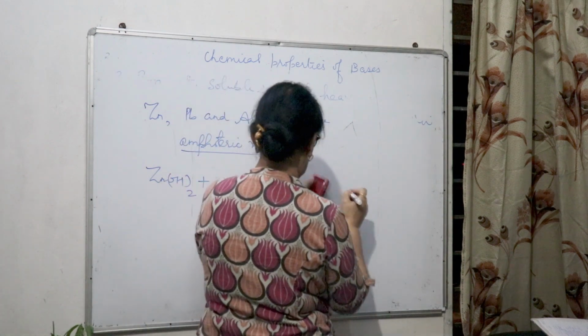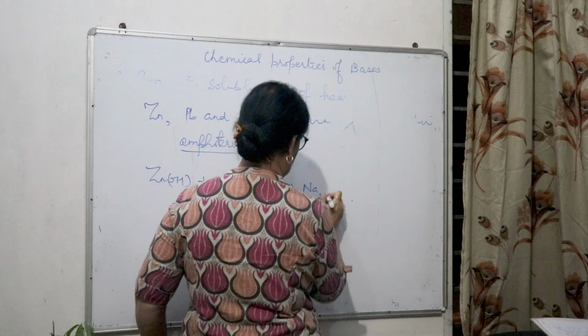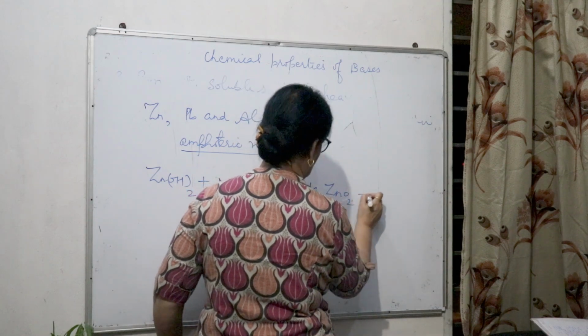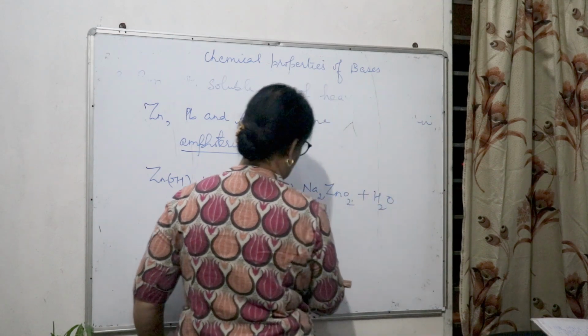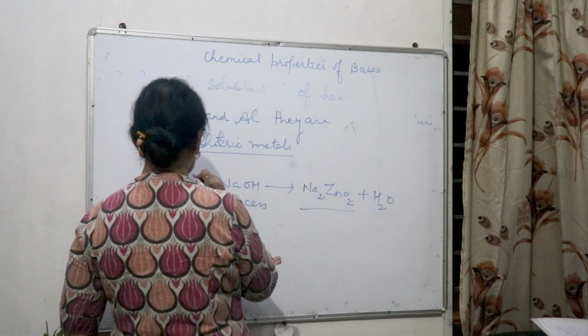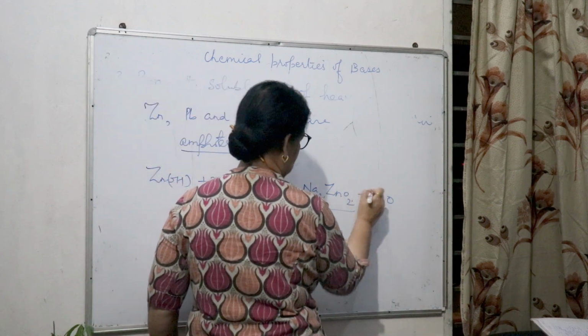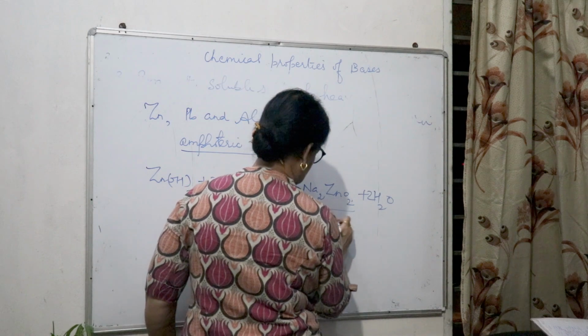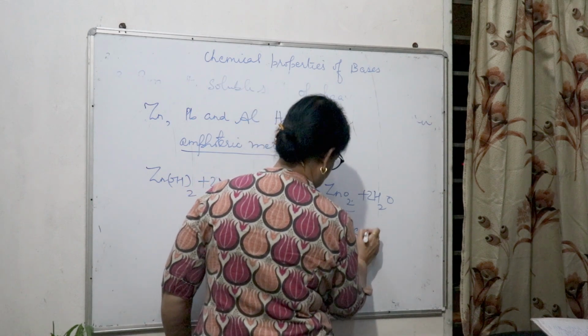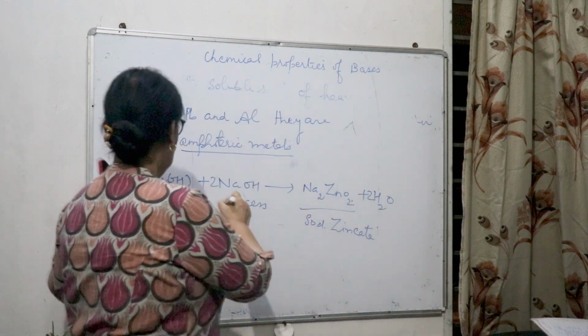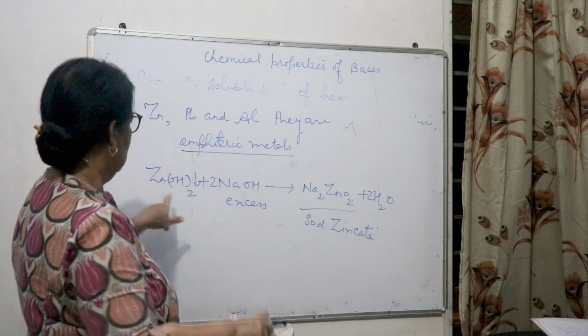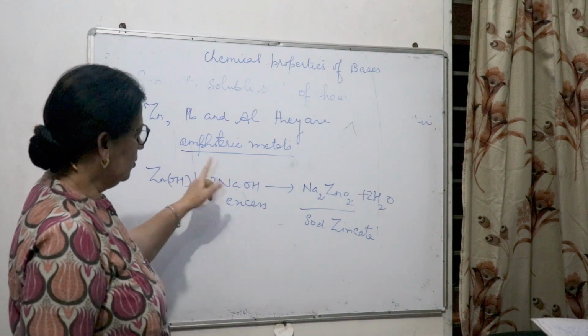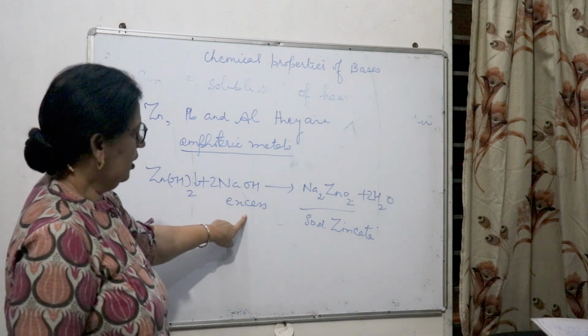That gives Na2ZnO2 plus water. And this Na2ZnO2 is called sodium zincate. So gelatinous white PPT gets dissolved into excess of alkali.